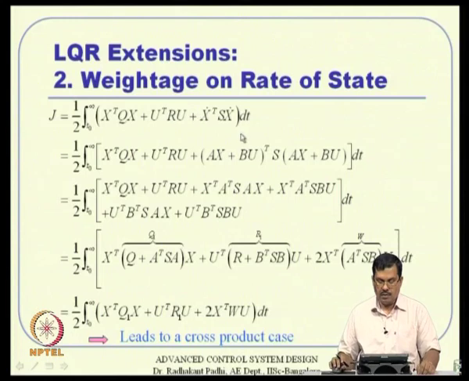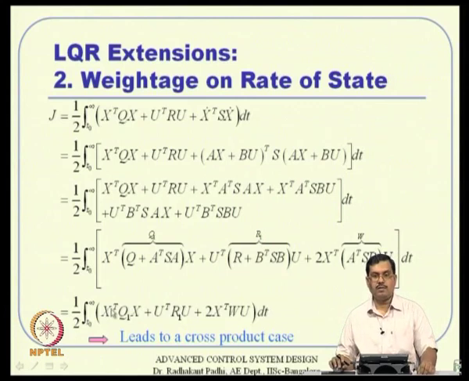Okay. So once you have a term something like this, it is equivalent to telling that x dot is Ax plus Bu. So I put x dot equal to like that way, and x dot transpose is that transpose. So expand this term, try to simplify that, combine the terms and things like that, you will essentially end up with this simplification out here, which I can interpret as a cost function that has a quadratic term in x, a pure quadratic term in u as well, but there is a cross product case also.